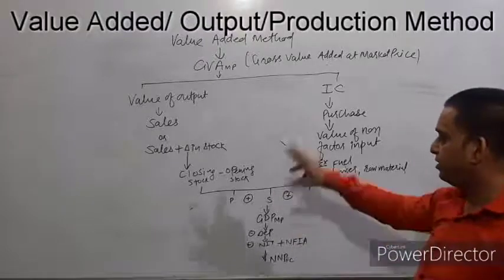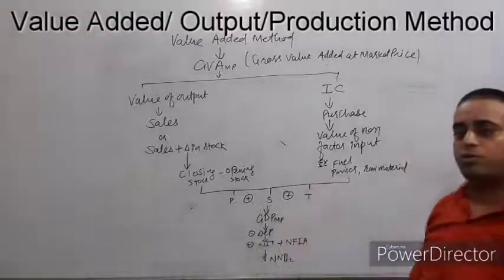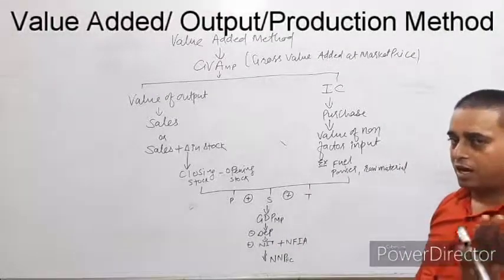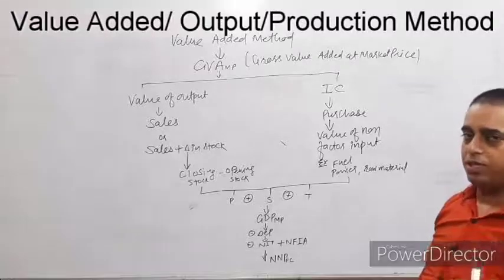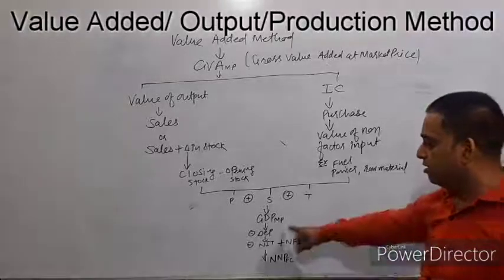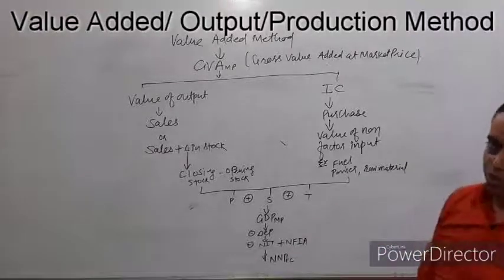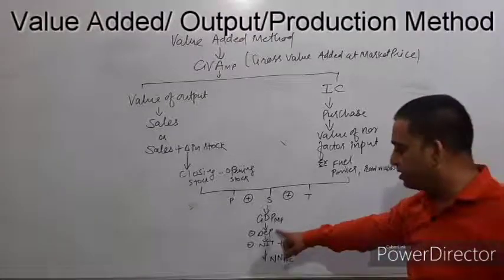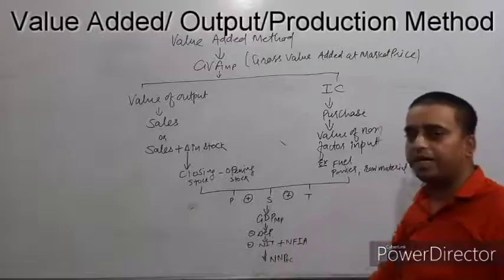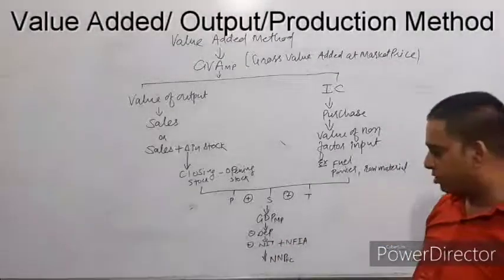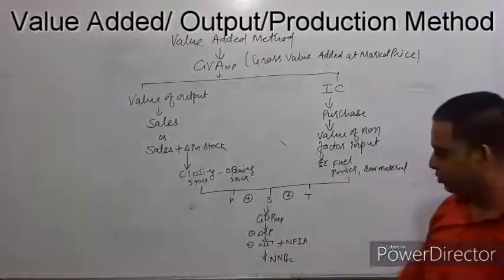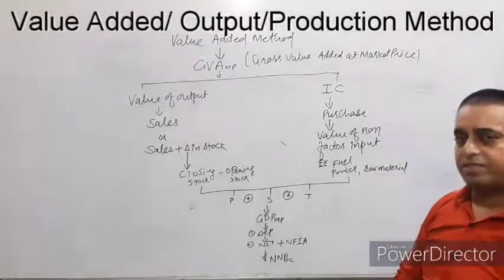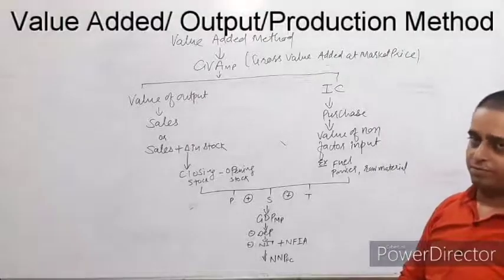If we add them, we will get gross domestic product at market price, right? After getting GDP at market price, if we subtract depreciation and net indirect tax and add NFIA, we can get NNPFC. What is NNPFC? NNPFC is our national income.